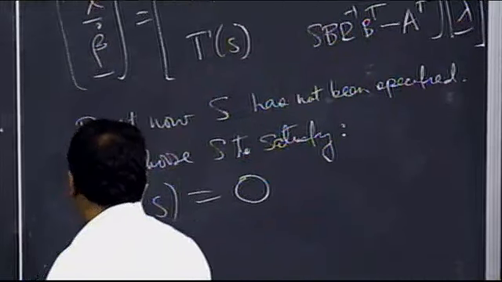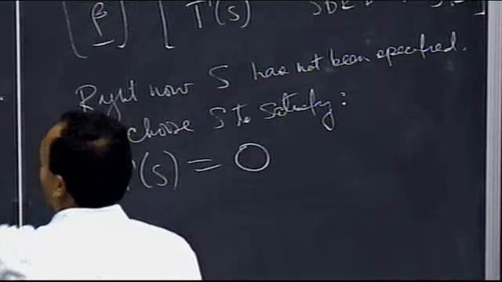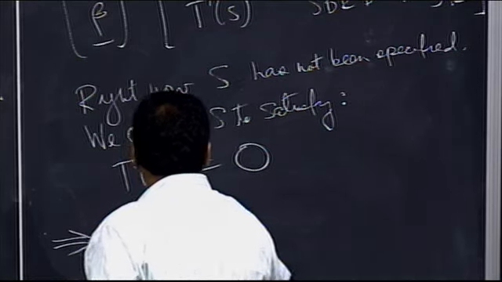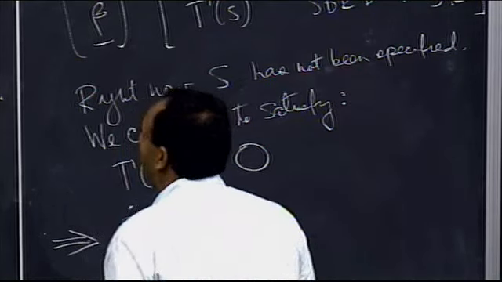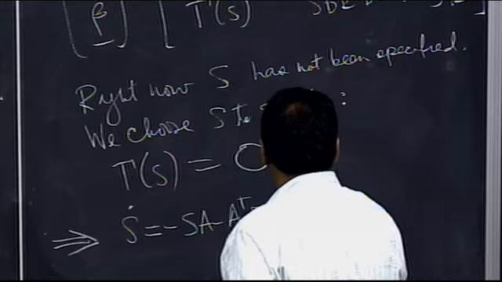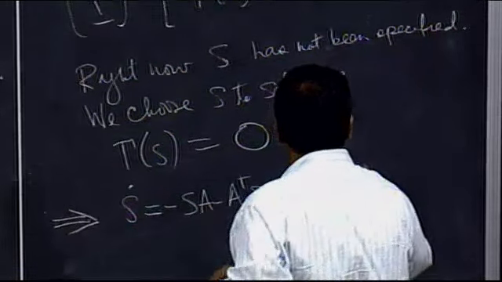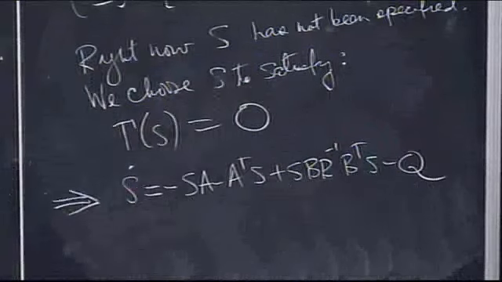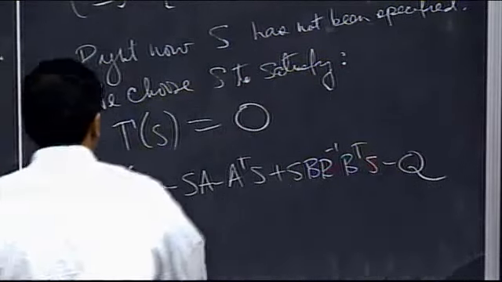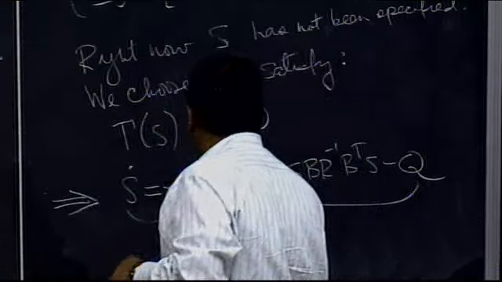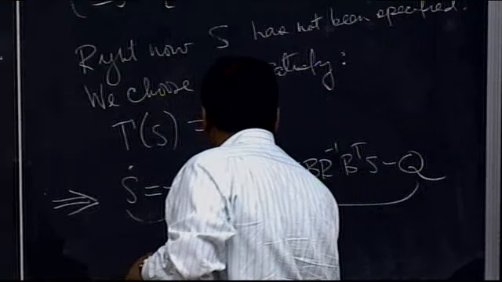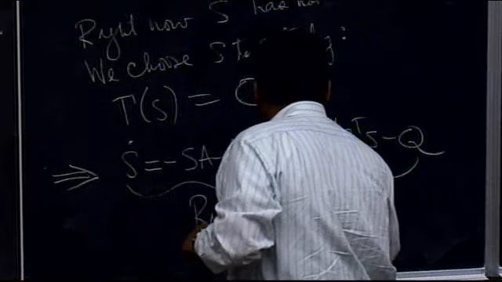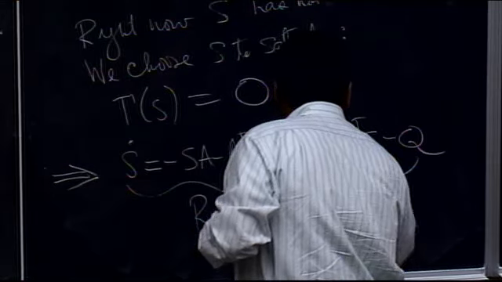If gamma of S equals 0, that whole term has to equal 0, which says that S dot has to equal minus SA minus A transpose S plus S B R inverse B transpose S minus Q. This equation is called the Riccati differential equation.